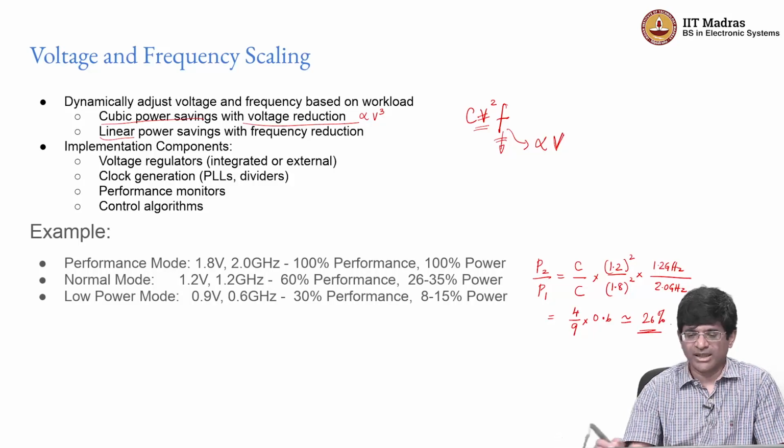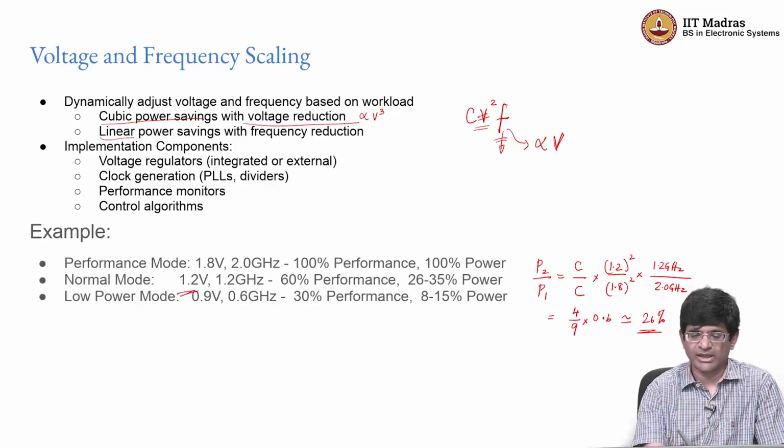Now the fact of the matter is you may not get an exact 26% reduction in power consumption because there might be other aspects that come into play when you actually change the voltage, but you can expect to see somewhere close to around 26%.